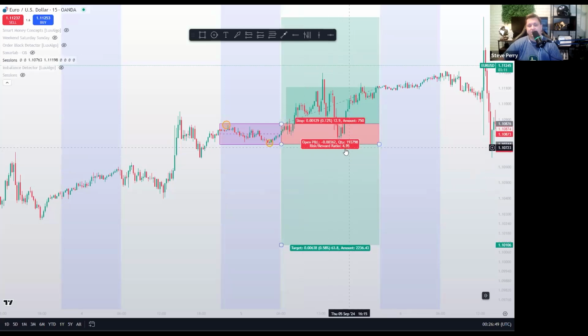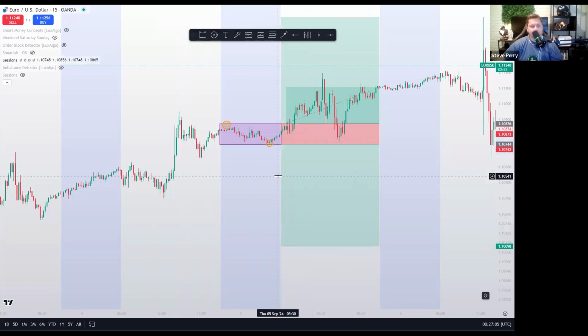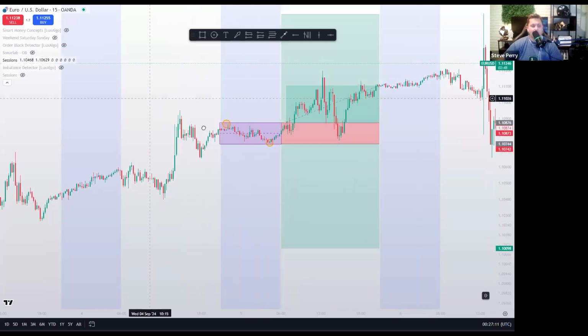You can see when you use these projection tools, when I get that number to jive right at 5, it says 5.01. That's close enough. That means my take profit is 5 times whatever my stop loss is. Okay. So like I said, we'll just take the trade whichever way the market decides to go, right?